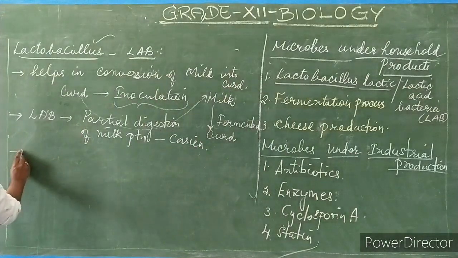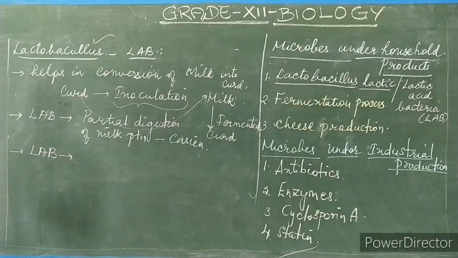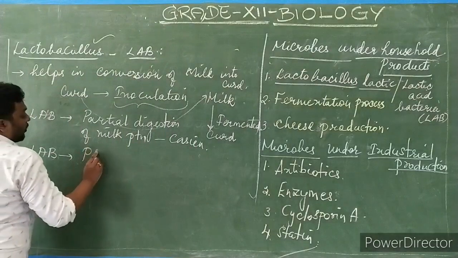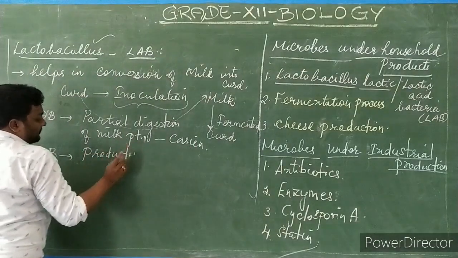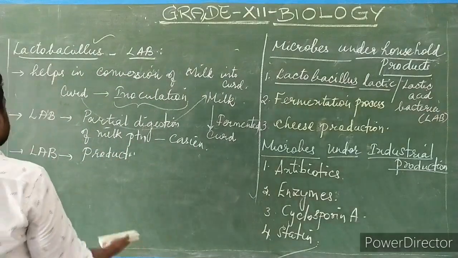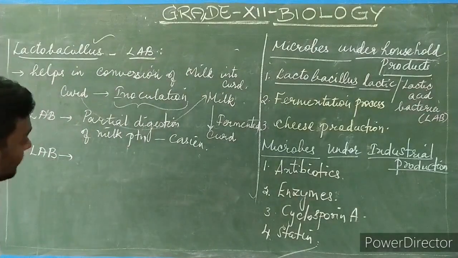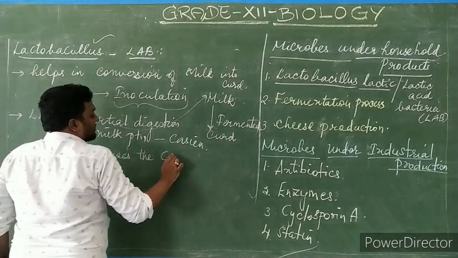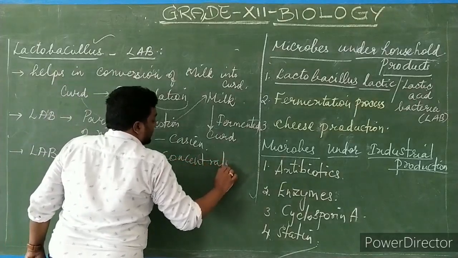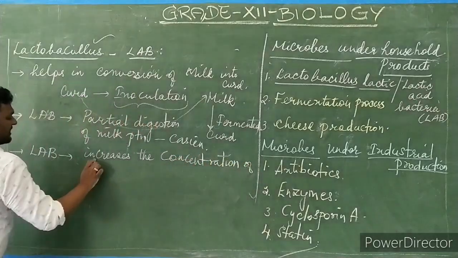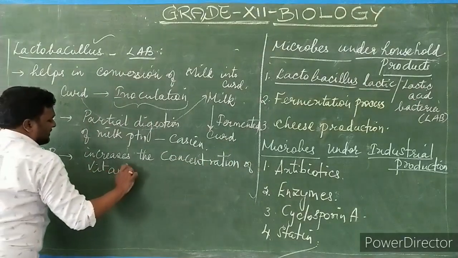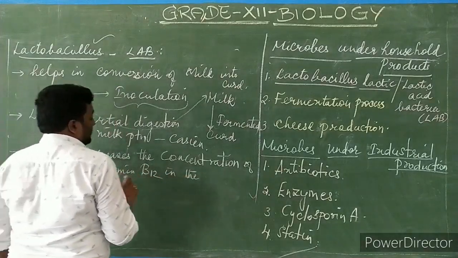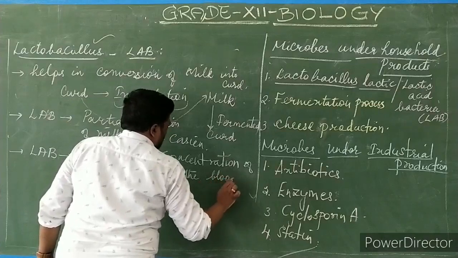And the next point is this LAB, lactic acid bacteria, helps in the production of or increases the content of vitamin B12 in the body. So it increases the concentration of vitamin B12, a very important topic, in the blood.